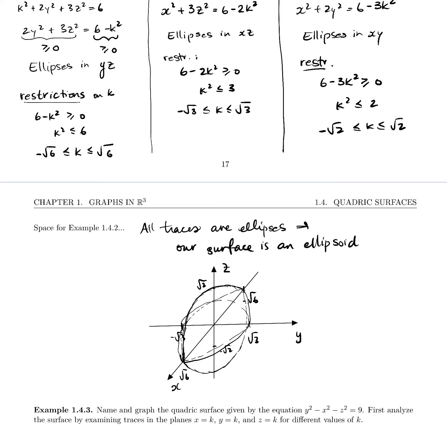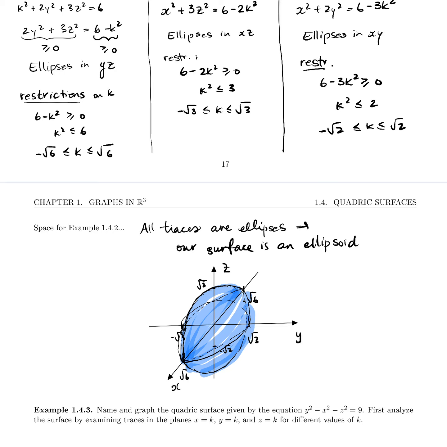That is as good as you need to do. You can even give a little bit of shading if you want to, so that we understand that that is a surface graph. But there's the graph of our ellipsoid that's longest in the x direction. We got that by analyzing the traces, the intersections of that ellipsoid with each of the types of planes x equals k, y equals k, and z equals k.